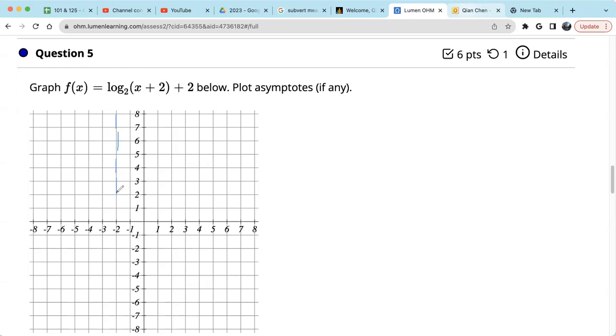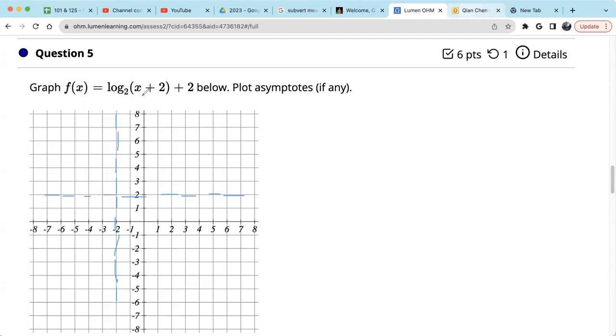So draw our vertical asymptote first, which shows the domain, which is saying the graph only survives on the right-hand side of this vertical asymptote. Then move up 2 units. So think of our x-axis being pushed up 2 units, because this helps us to graph. Now plug in some easy values for x.